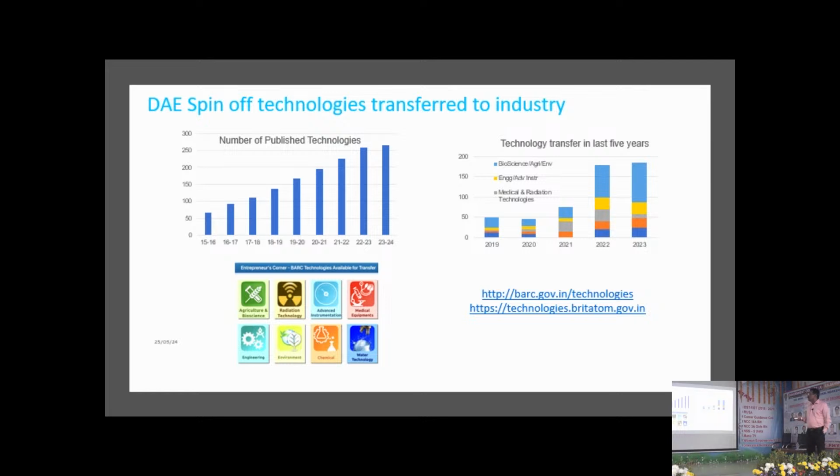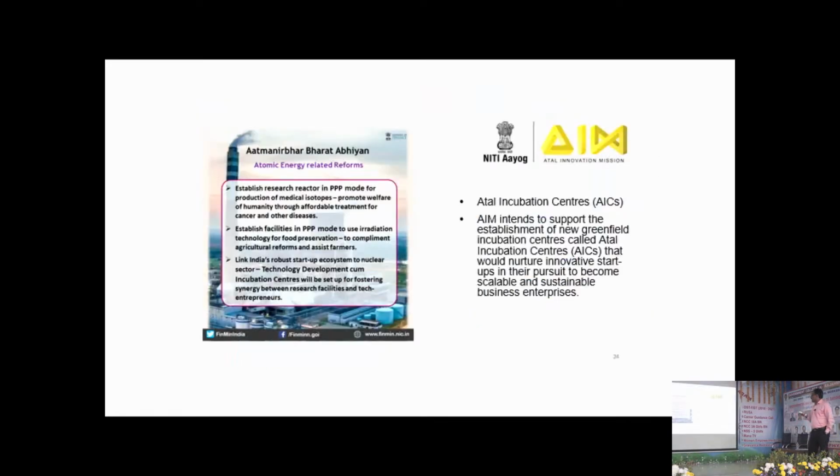DAE has around 200 technologies available on the DAE website. This is the website, and we are publishing nearly 20 to 25 technologies every year, and we are generating a lot of money from these technologies. Last year, nearly 180 transfers happened.